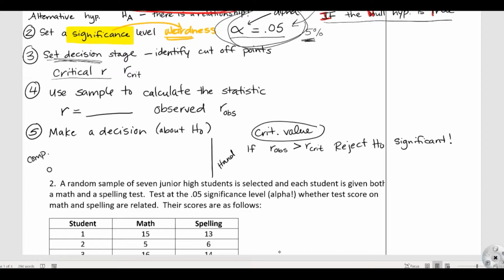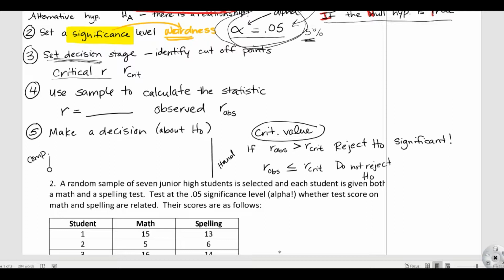We're going to say this is significantly weird, so we believe that there is a relationship in the population. Now, if our R value that we got from our sample is not bigger than that critical R value that we got from the table, then we do not reject. People often want to say that means you accept the null hypothesis. But remember, in science, in research, we don't really know the answer.